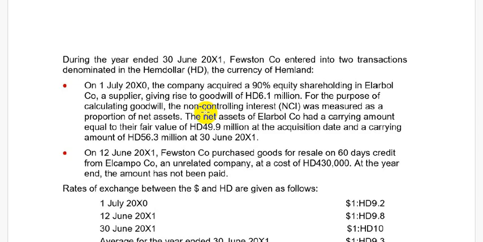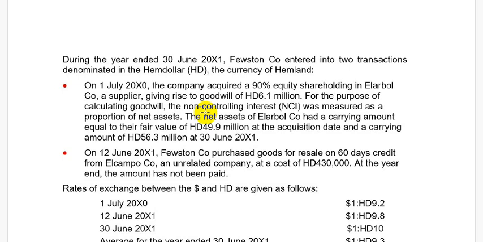Exhibit A1 goes as follows. During the year ended 30 June, FCO entered into 2 transactions denominated in the Hen dollar, the currency of Henland. On 1st July 20X0, the company acquired a 90% equity shareholding in Elco, a supplier, giving rise to goodwill of 6.1 million HD.